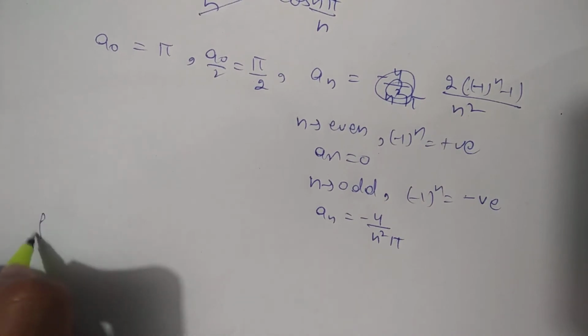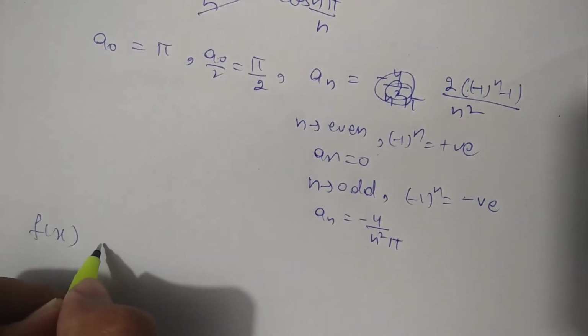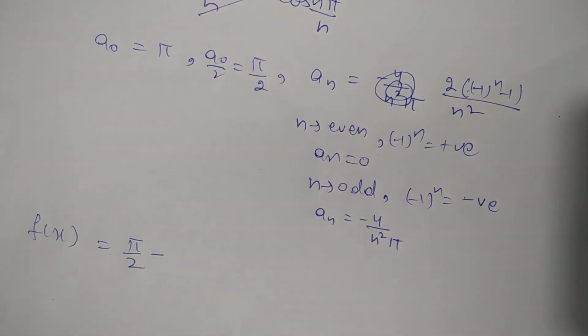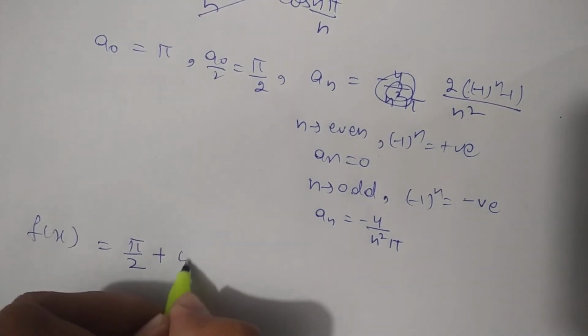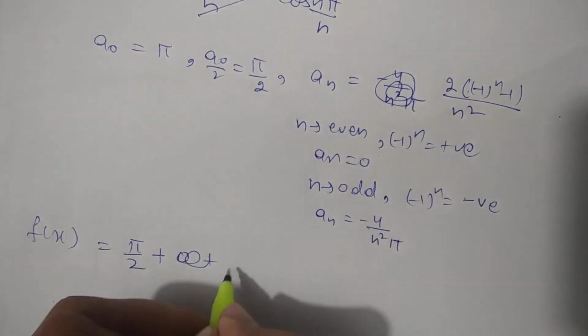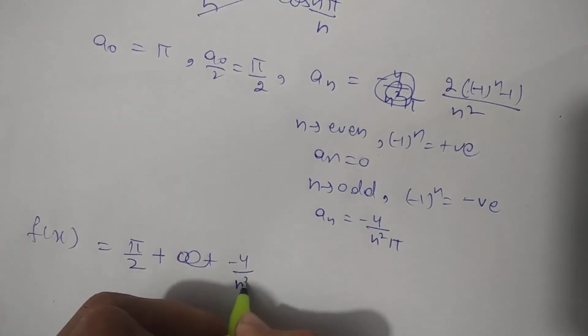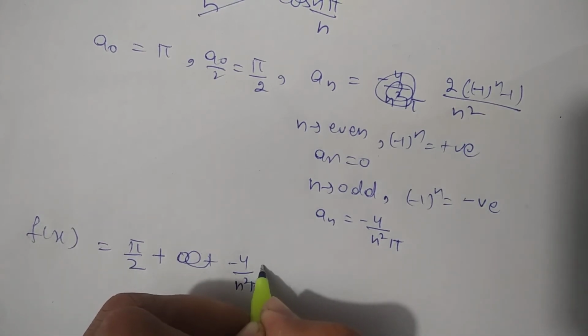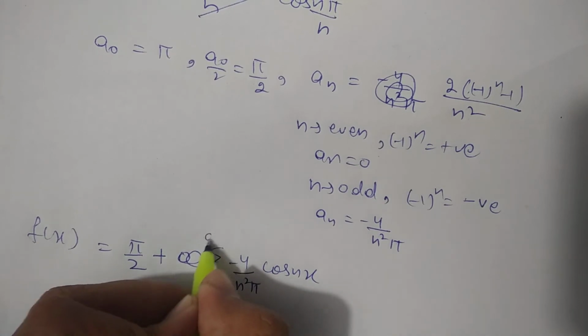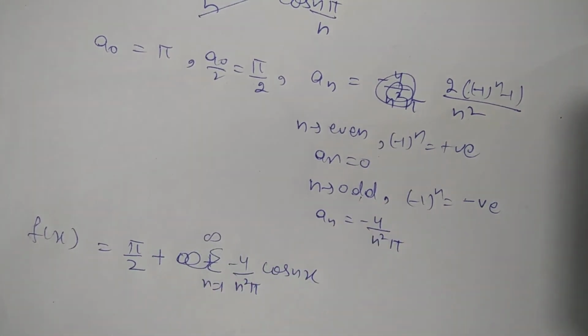So now it's time to write the Fourier series, and the Fourier series will be a naught by 2, that will be pi by 2, plus an cos nx, plus bn, where an is minus 4 by n square pi cos nx, and here the summation is also there from n equals 1 to infinity, and that is for only odd numbers of terms.